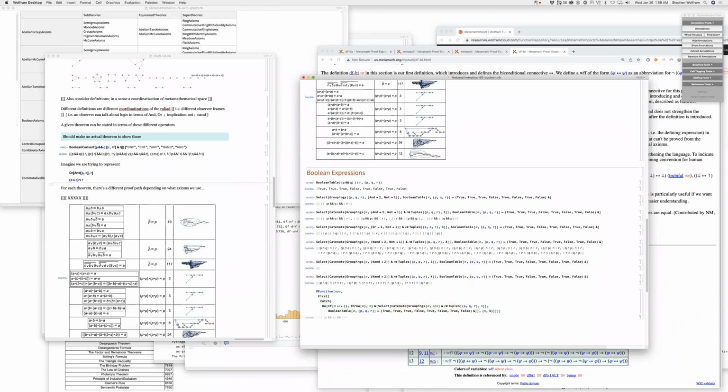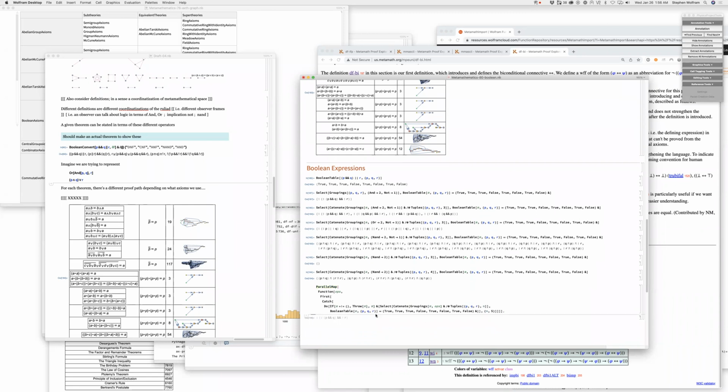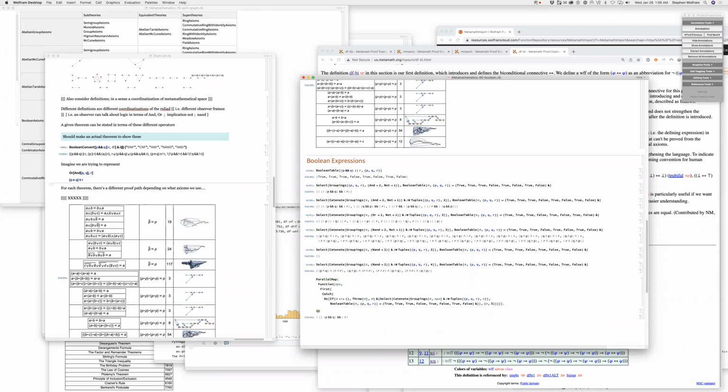And let's do parallel map over. And now we want to do and, or, not. It's the first one. We're going to do and not. Do or not.